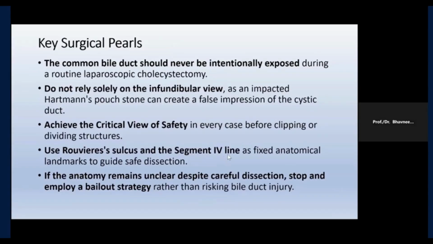Rather, do a proper dissection of the hepatocystic triangle and achieve the full critical view of safety before clipping any ductal structures. Remember to use the Rouviere's sulcus and the segment 4 line as important anatomical landmarks. And in spite of all your best attempts, if the anatomy remains unclear, stop and think, and choose one of those 5 bailout strategies rather than causing a major complication.